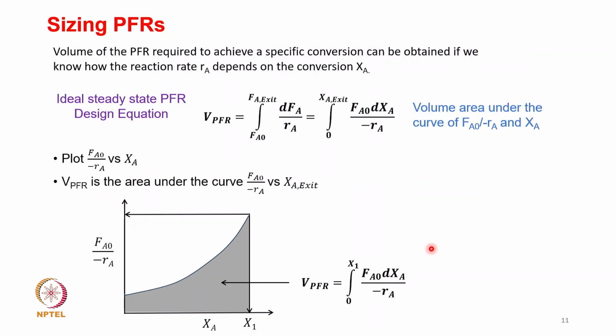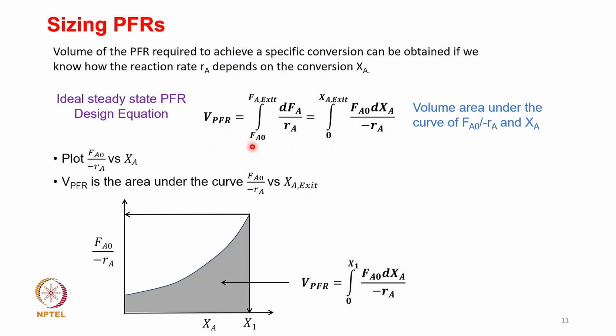Fine. So now let us look at sizing the PFR. So the volume of the PFR required to achieve a specific conversion can be obtained if we know how the reaction rate again depends upon the conversion XA. So let's go back and look at the ideal PFR design equation, which is VPFR.